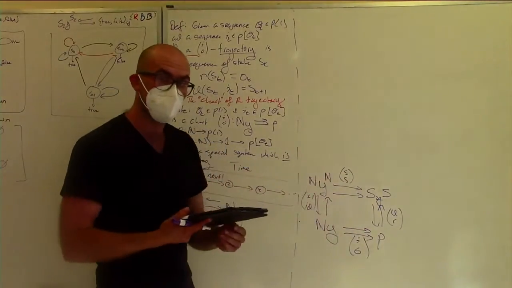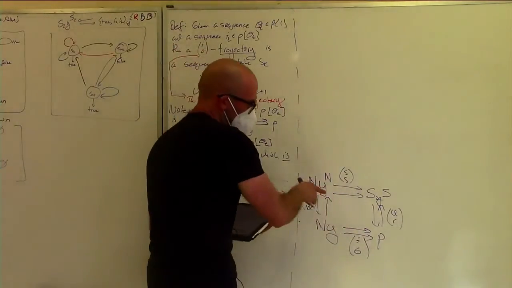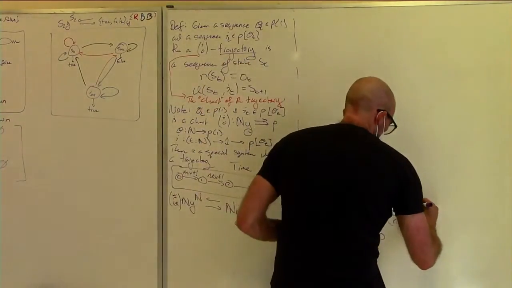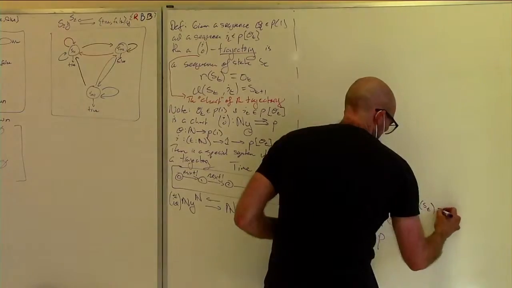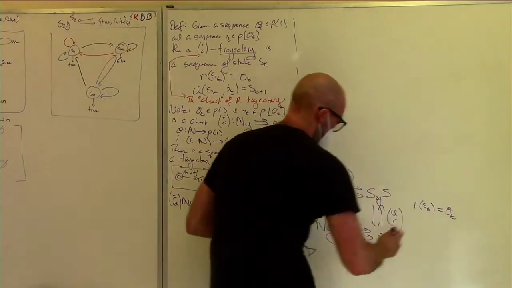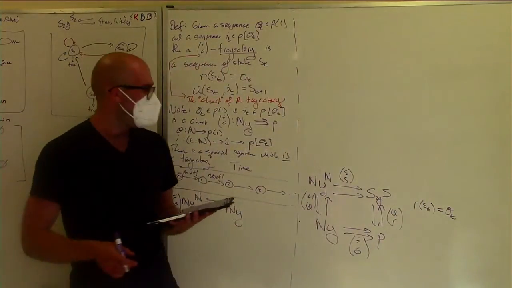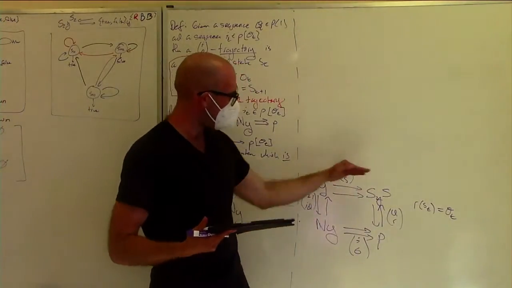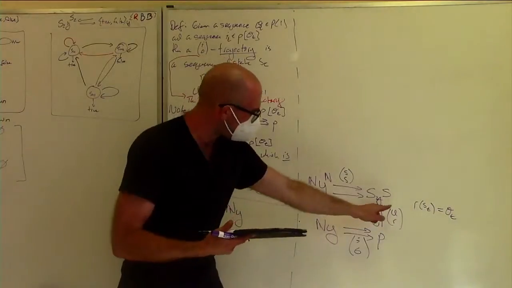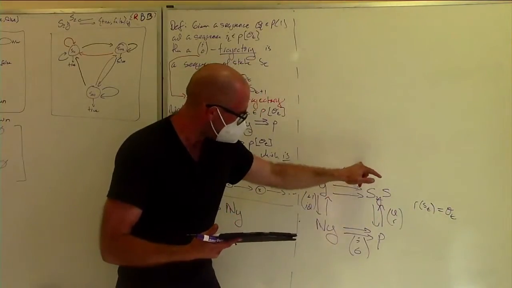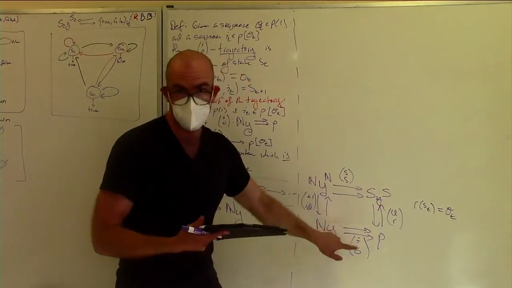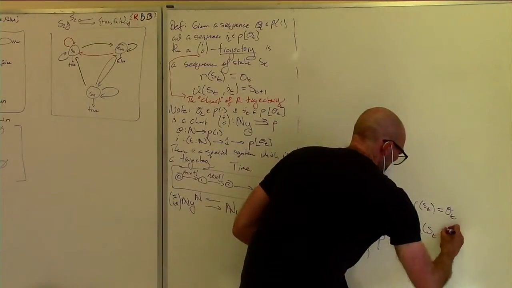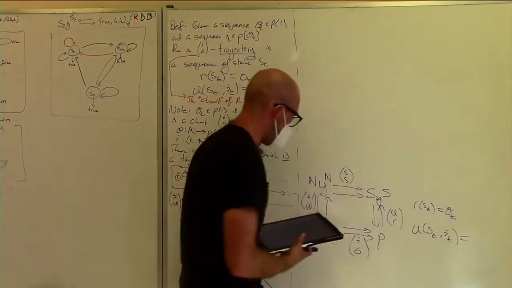And what does it mean for this to commute? Well, first of all, if we do the top here, it's the same as this. So that means R of ST is equal to OT. And if we go this way, it's the same as going this way. So this way says U at ST of IT equals, and then we go this way.